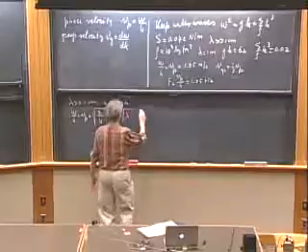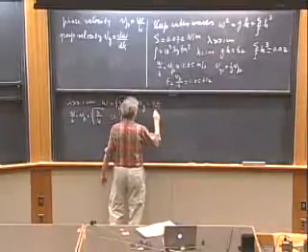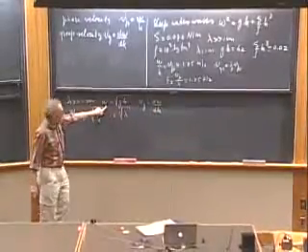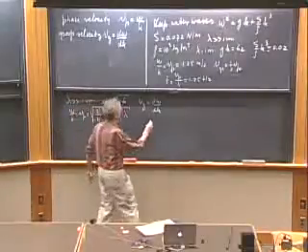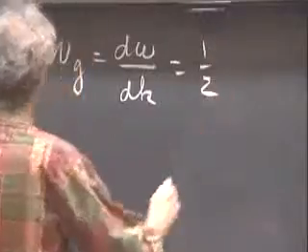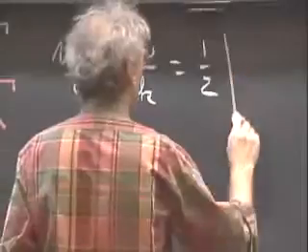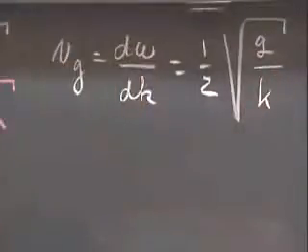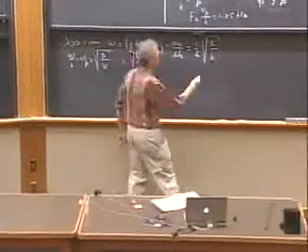What now is the group velocity? Well, the group velocity is d omega dk. So you take this one and you take the derivative of the square root of g times k. So you first get your 1/2, and then you get your square root of g, but now you have to divide by the square root of k. So you get times the square root of g over k. But the square root of g over k was the phase velocity. So it's half the phase velocity.